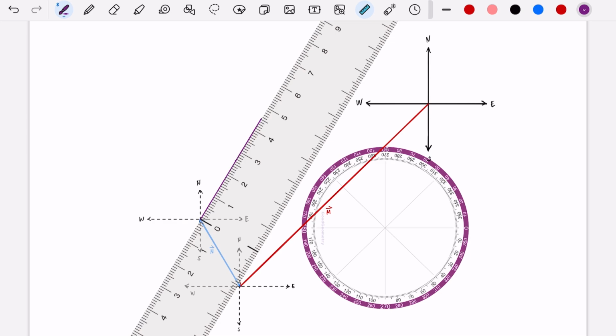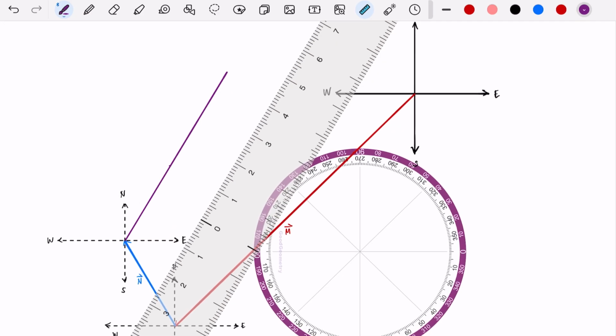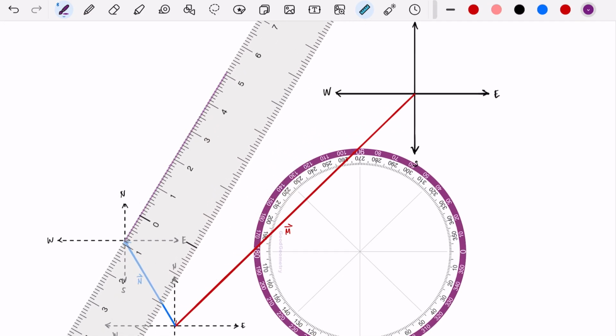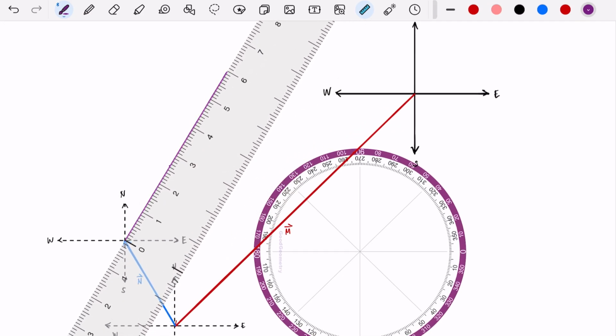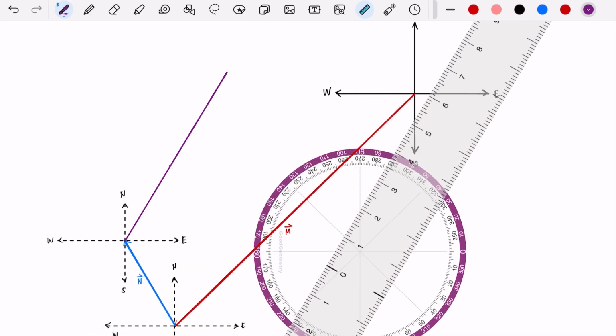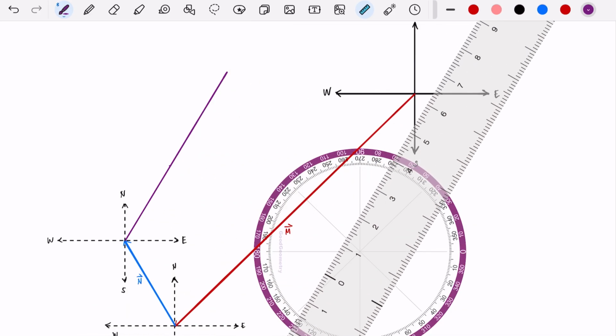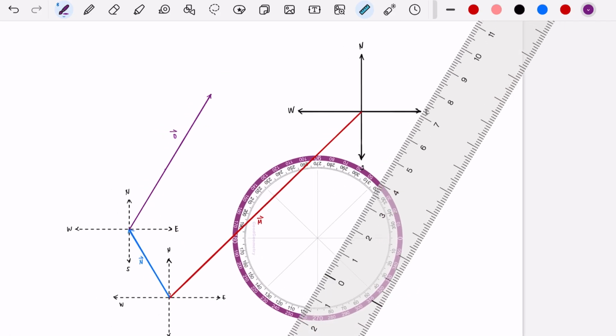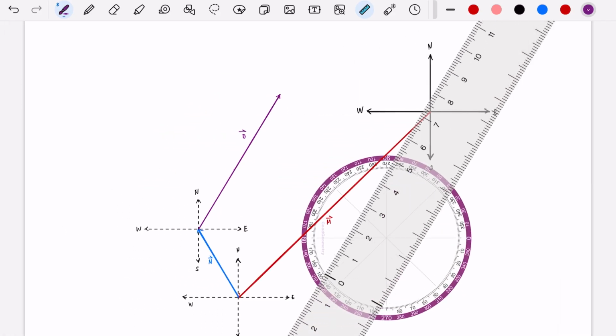Good, up until 6. Let me move this a little bit just to be very precise. Alright, it's really 6. I'm hoping you can see it. So this right here is our vector O.